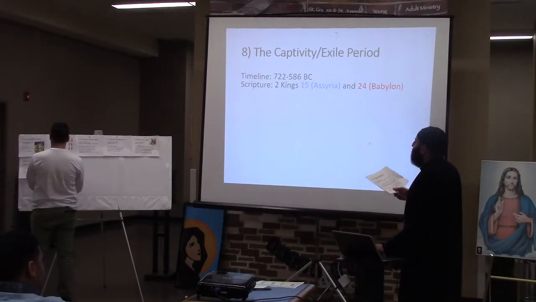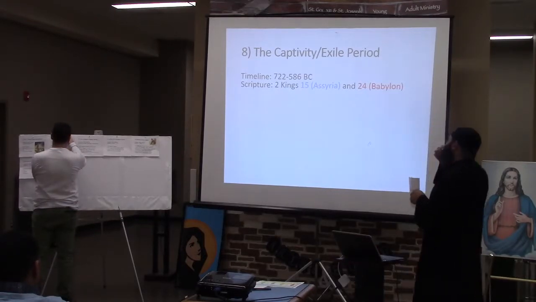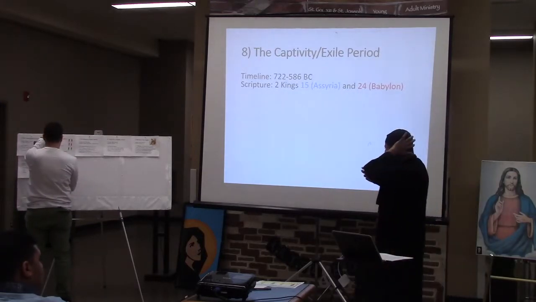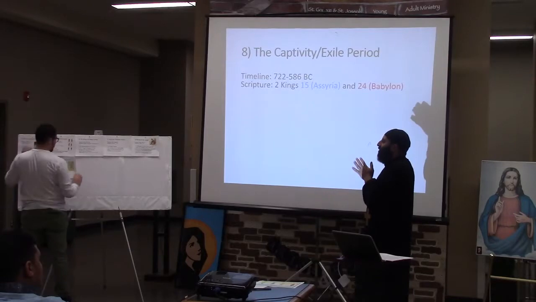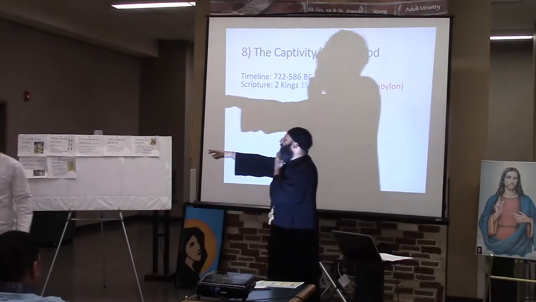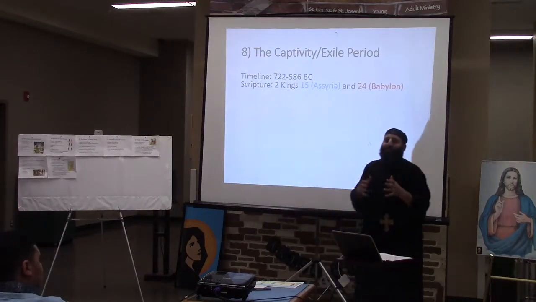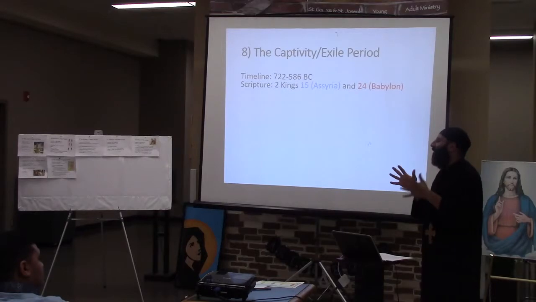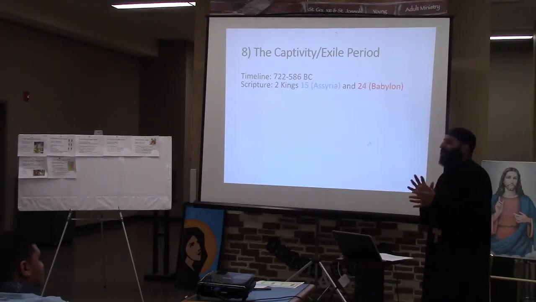After the divided kingdom period, it was really sad. I also want to tell you something about the kingdom thing. If you notice the judges, or David and Solomon, the intention, even when God appointed a king for them, wasn't the way we think of kings now, with separation of state and religion.